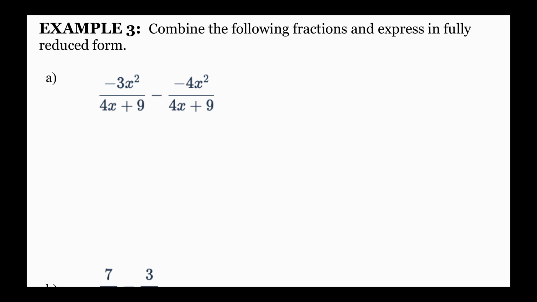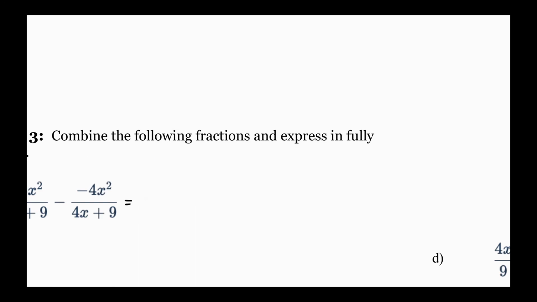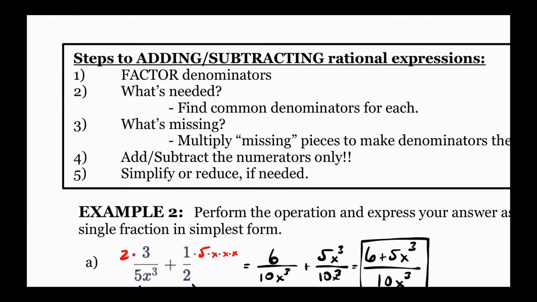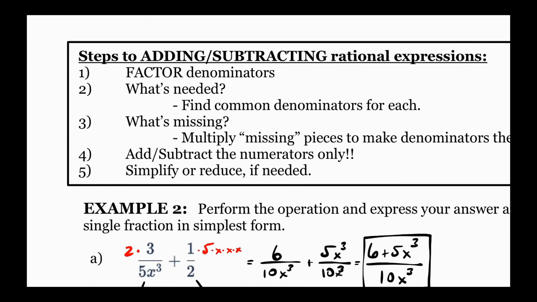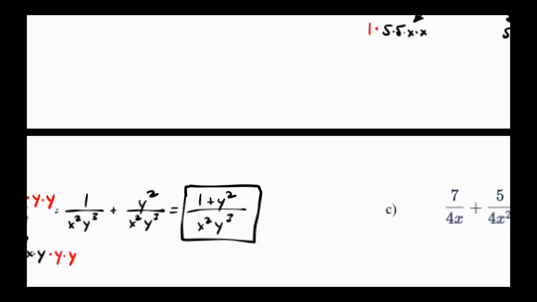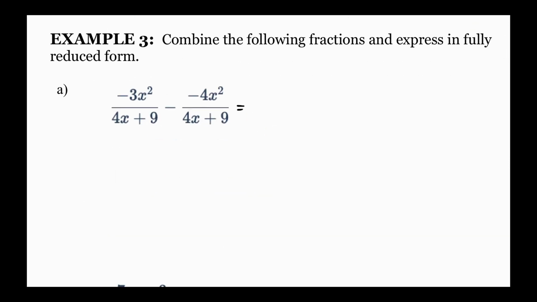But what do you notice about both of them? They're the same. Guess what? They did step 1, step 2, and step 3 already for us. That's what happens when they're already the same. They've done the first 3 steps for us already. So let's write that down.